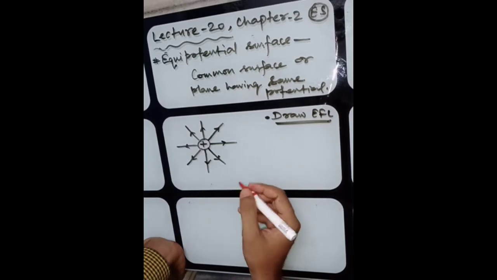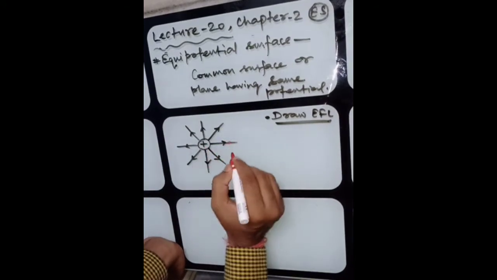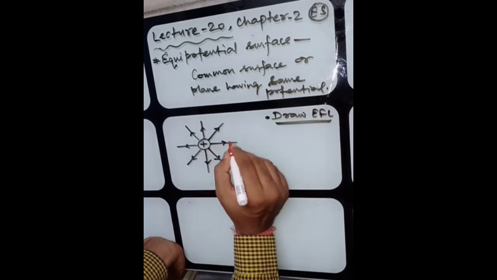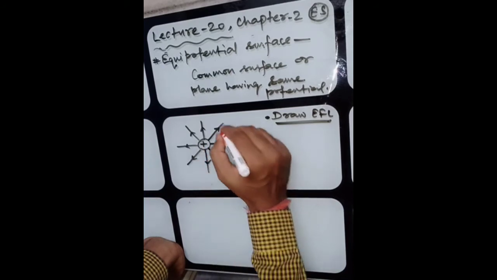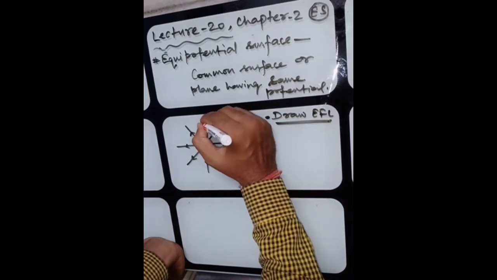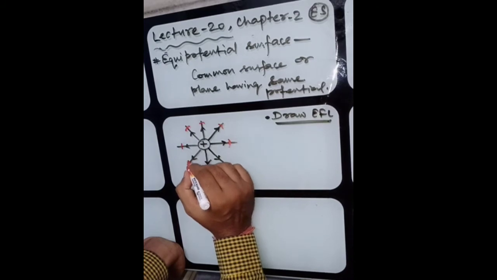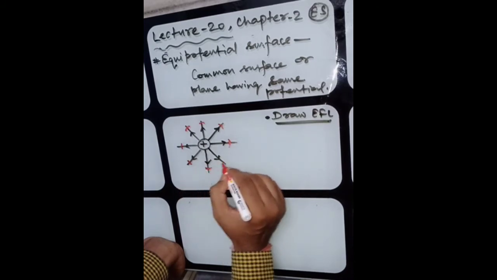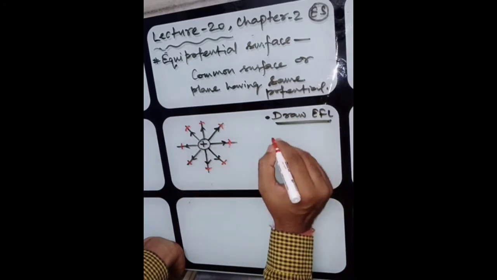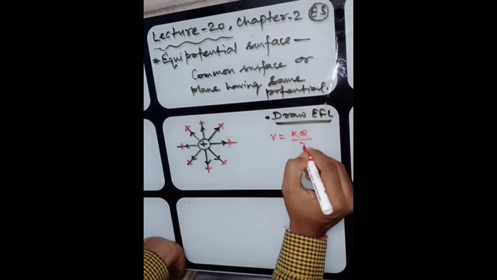If you find the potential at a point 1 meter from the charge, mark a point at 1 meter, another at 1 meter, another at the same distance, because we know the formula for potential: V equals kq by r.